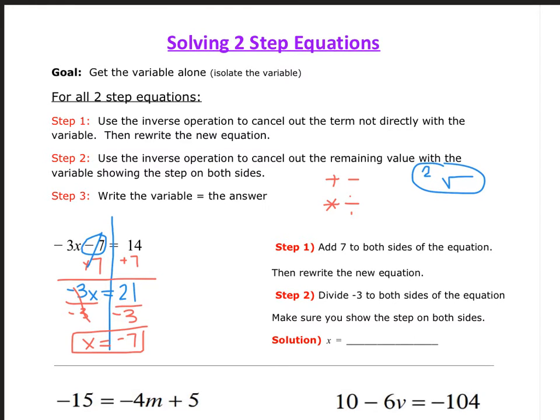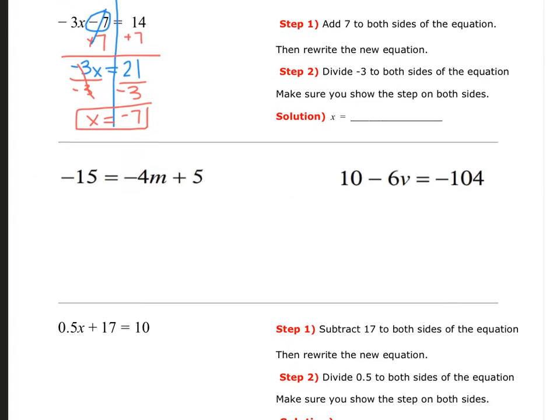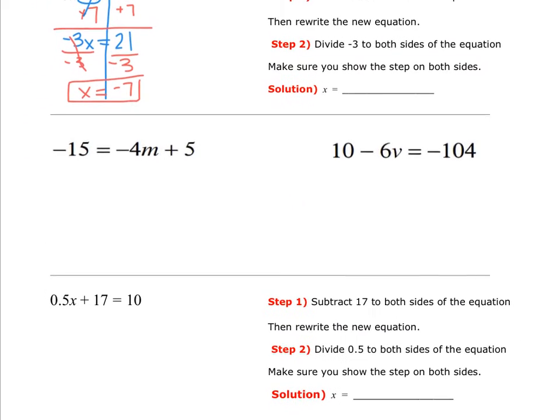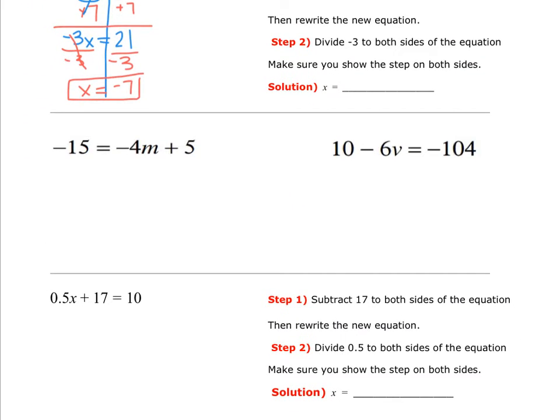Okay, so let's continue on to another example. Now, these are not in your slide notes. I added these additional examples in here because these ones are written a little bit different from that first one that I just did, but it works the same way. So looking at the side, I'll draw my line here, looking at the side that has the variable, now this time it's on the right side.